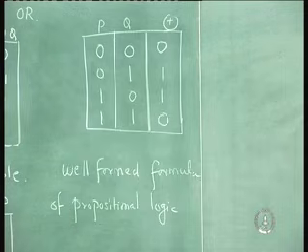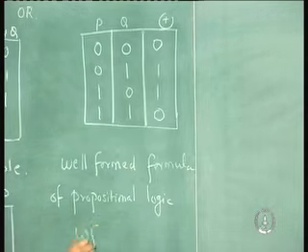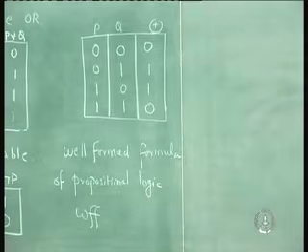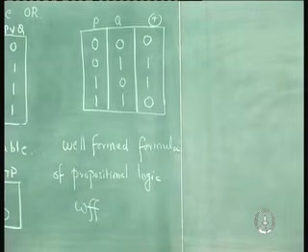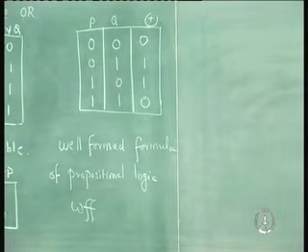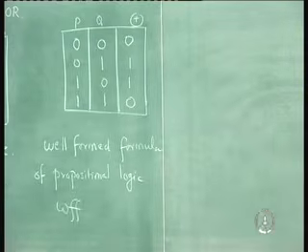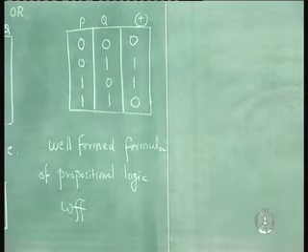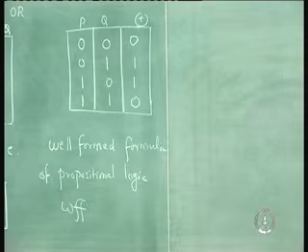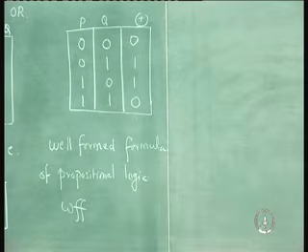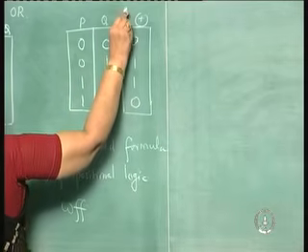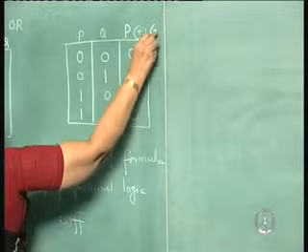It is usually denoted by WFF. So, P and Q is a well formed formula, P or Q is a well formed formula, P exclusive or Q is a well formed formula. So, P exclusive or Q will be denoted like this.